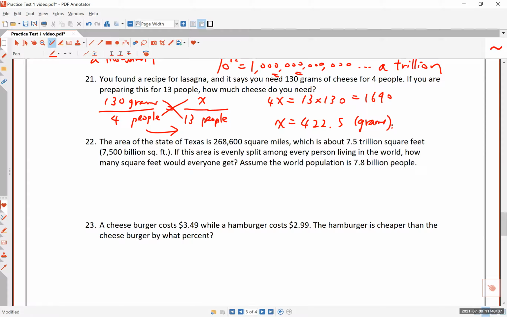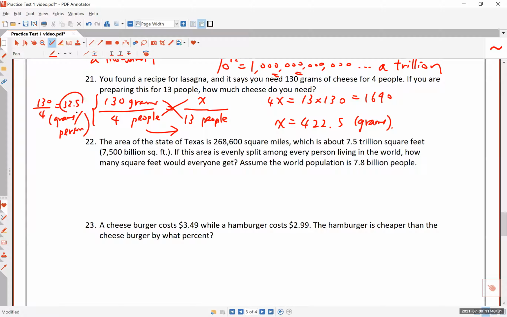Or there's another way of doing this. You see this left-hand side, 130 divided by 4, that's 32.5. And if you do that, what you're calculating is how many grams per person. So it turns out for each person, you need about 32.5 grams of cheese.